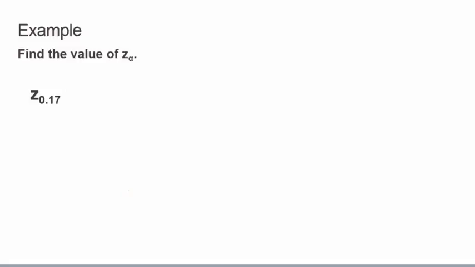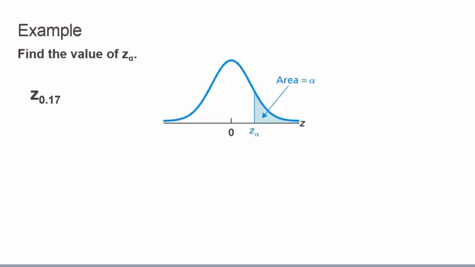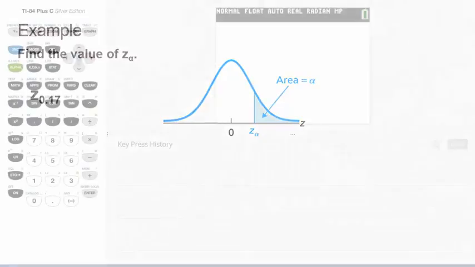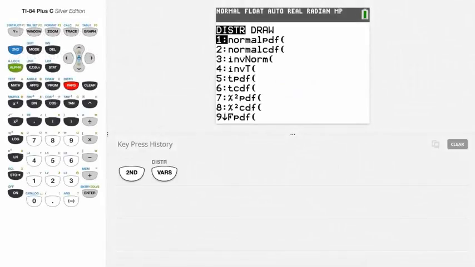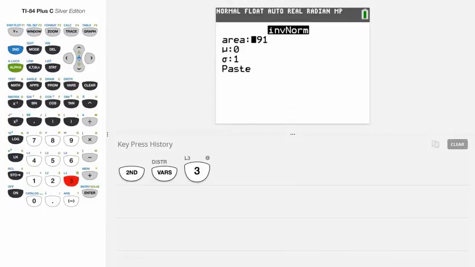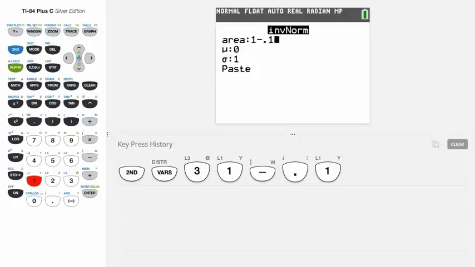Example. Find the value of z sub alpha, z sub 0.17. Again, they're giving us the area that is to the right of my z-score. So I'm going to go to my calculator, second, distribution. I want number 3, inverse norm, and again I'm going to type in 1 minus, and in this case I'm going to use my alpha of 0.17.